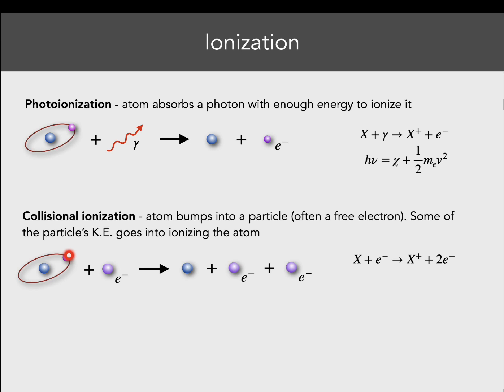We'll have the electron that used to be bound on, and then assuming that our colliding particle is also an electron, we'll have two electrons left over. Energetically, it looks like this. The energy of that colliding particle will be divided into the ionization potential, how much energy it costs to rip the electron off the atom, plus the kinetic energy of the electron that was bound to the atom, plus the kinetic energy of that colliding particle.